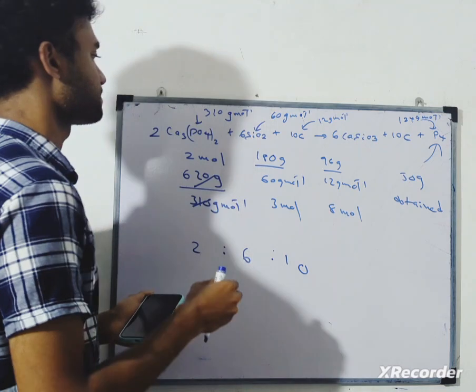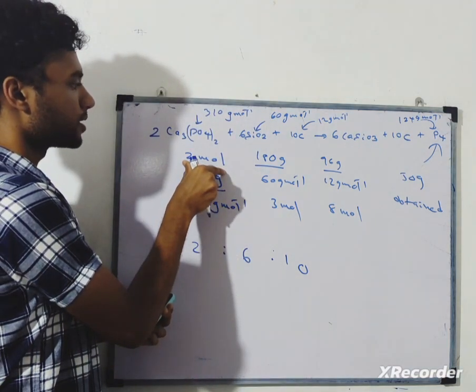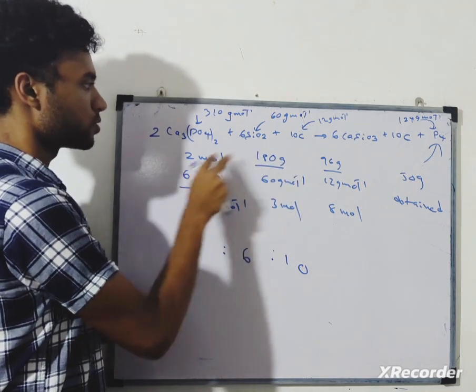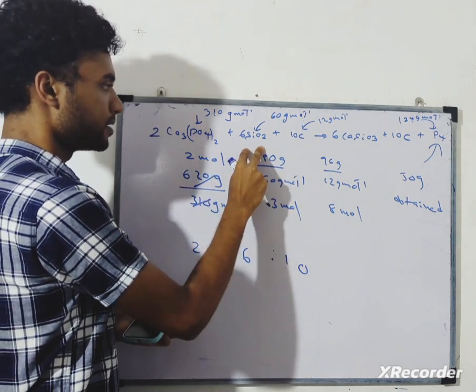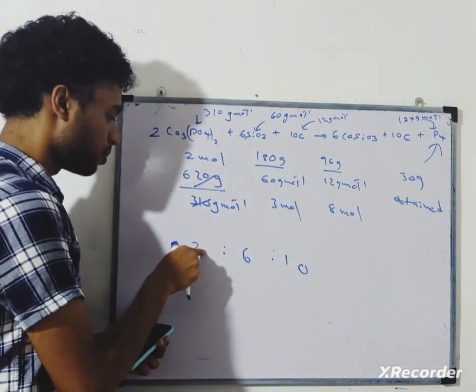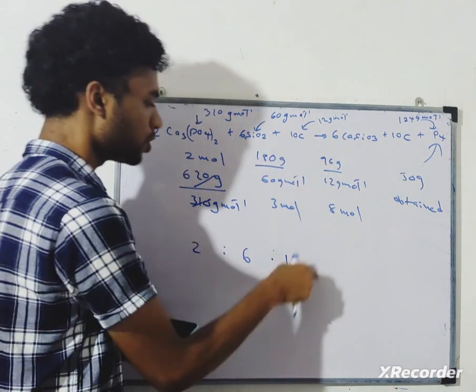If I have 2 moles here, I should have 6 moles here. And here I should have 10 moles for carbon. So if I have 2 moles, I should have 6 moles for SiO2 and 10 moles for carbon.